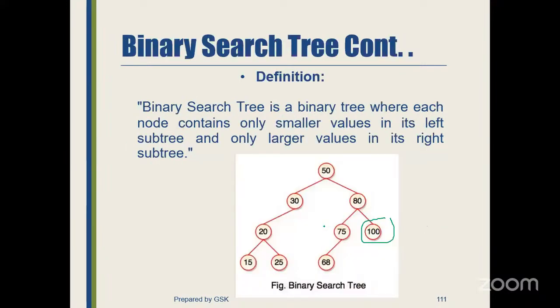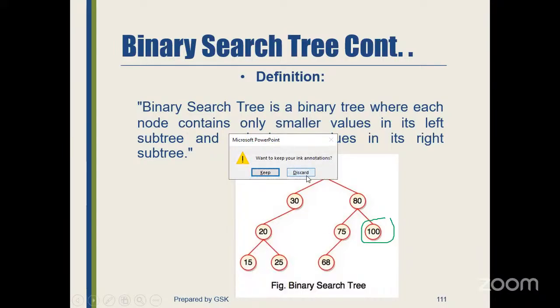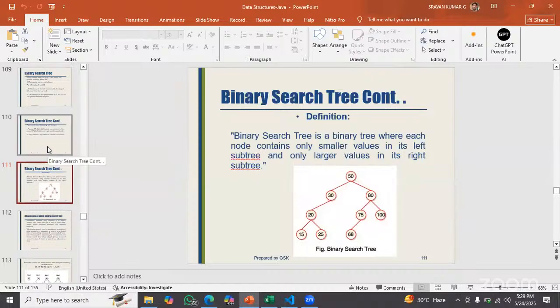So this is about binary search tree. In today's session, we covered what a tree is and the important terminology about trees. A tree is a non-linear data structure that contains zero or more nodes.